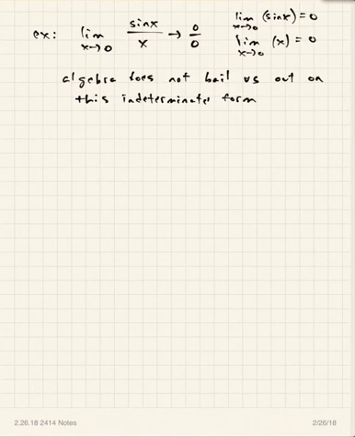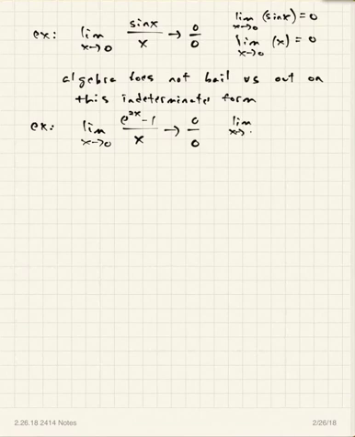Okay, so if we looked at this problem, the limit as x goes to 0 of e to the 2x minus 1 over x, well, sure enough, if you try to use substitution there, once again, you get 0 over 0, right? The limit of the numerator, when you use substitution, just gives you 1 minus 1, or 0.